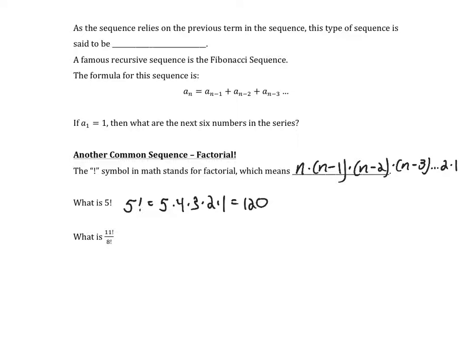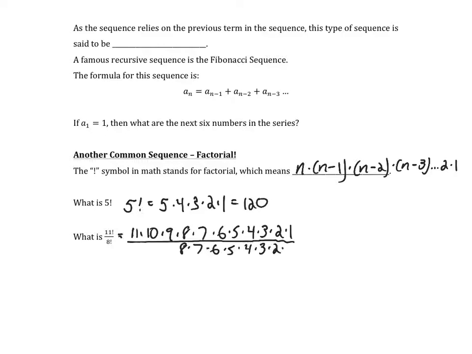So let's remember that if I were to write this out, 11 factorial is 11 times 10 times 9 times 8 times 7 times 6 times 5 times 4 times 3 times 2 times 1 all over 8 factorial, which we know to be 8 times 7 times 6 times 5 times 4 times 3 times 2 times 1.